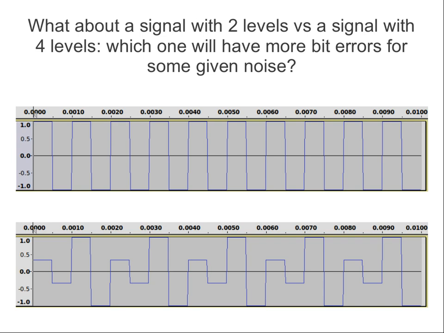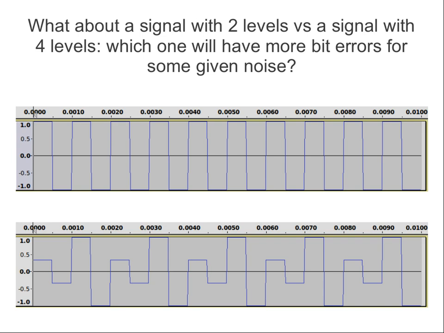16,000 divided by 2,000. I don't think it's the correct answer, but you're on the right track. All right, 16 kilobits per second is 16,000 bits per second. Signal rate of 2,000. We want a data rate of 16,000 bits per second.